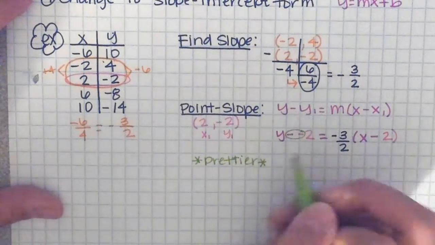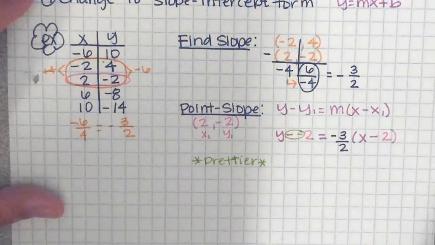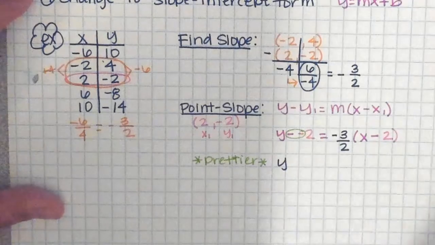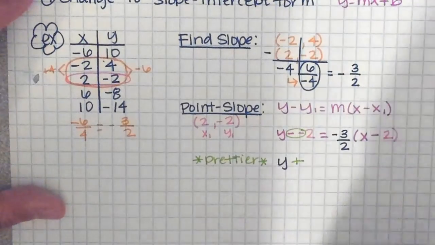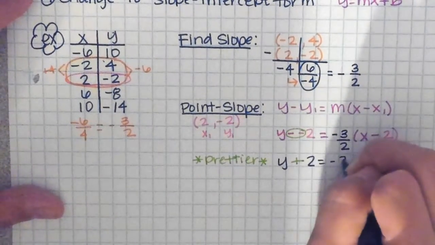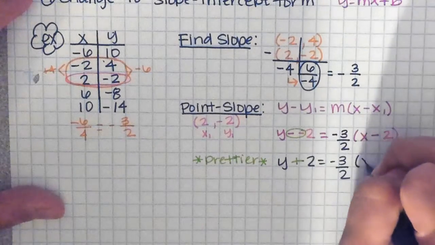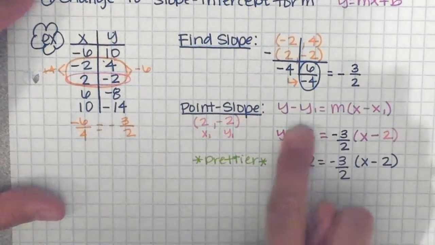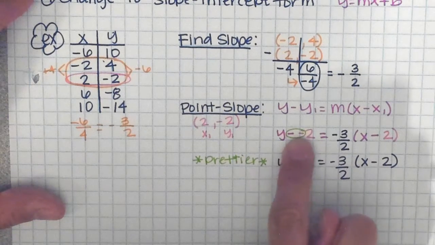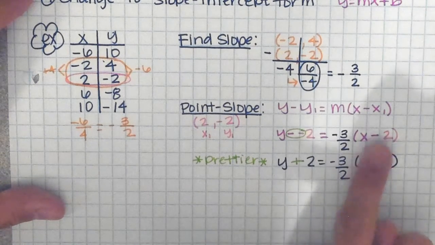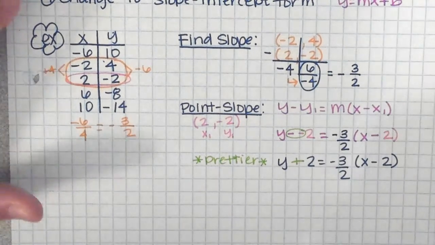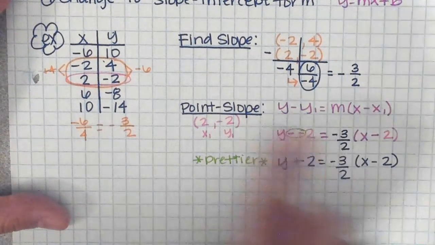So the prettier version of that is just y plus 2 equals -3/2 (x minus 2). So this was the only sign to change because that's the only place that it has minus and negative. This one just has a minus. So that stayed the same. So this is the point slope form of this equation.